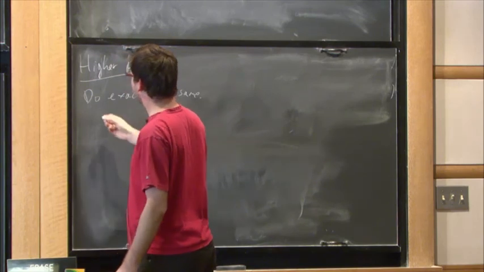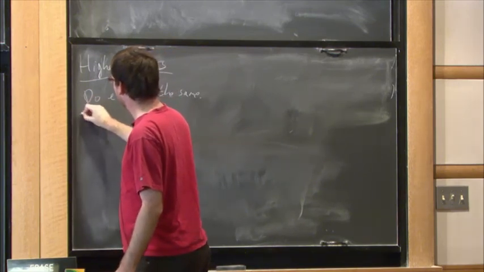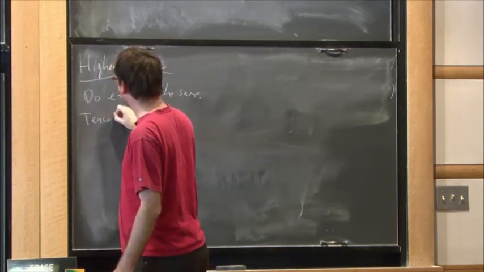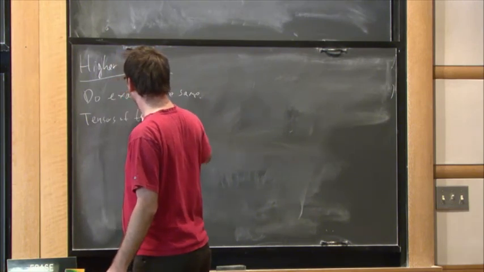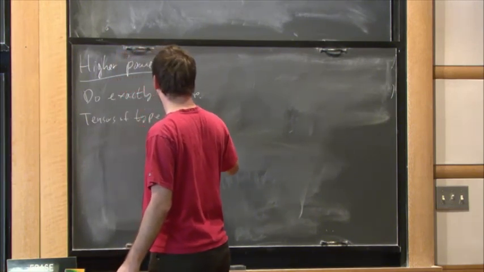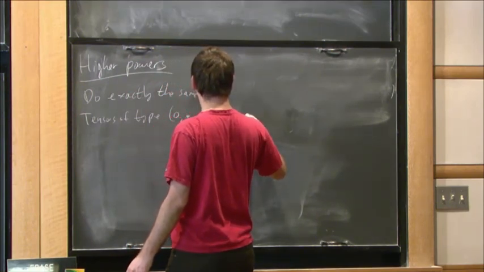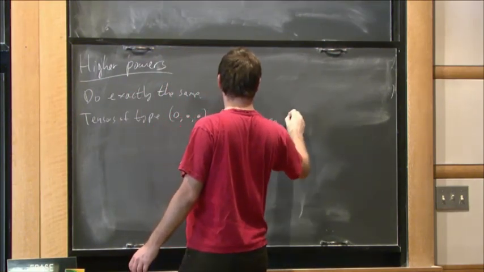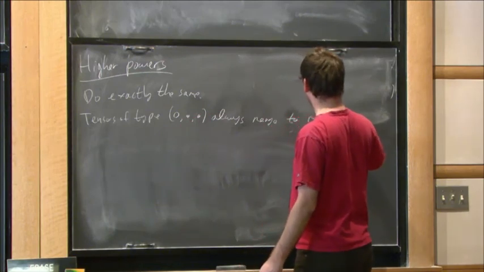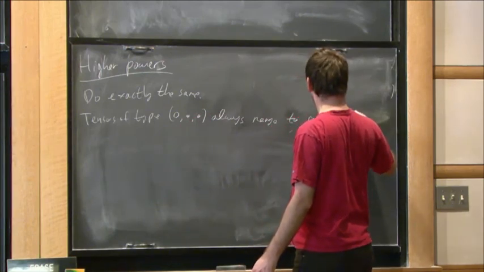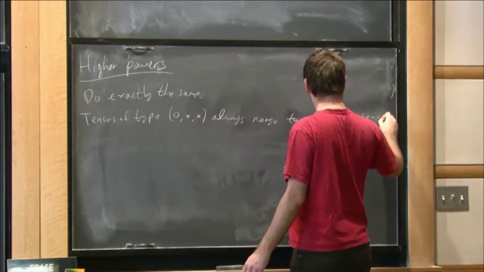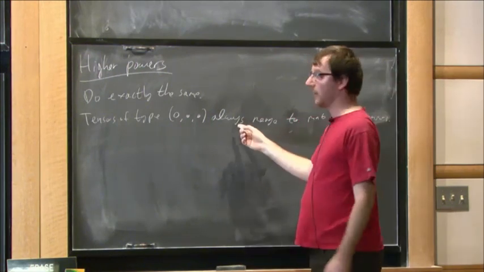When you do it, you find out that tensors of type 0 something and something always merge to matrix multiplication tensors. So this is where you gain.